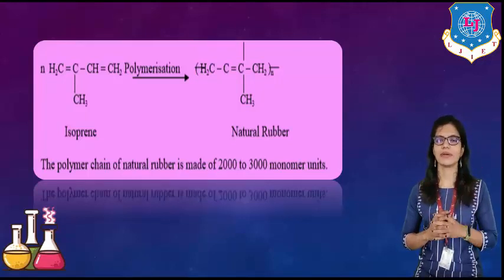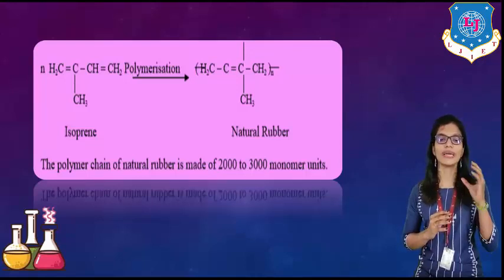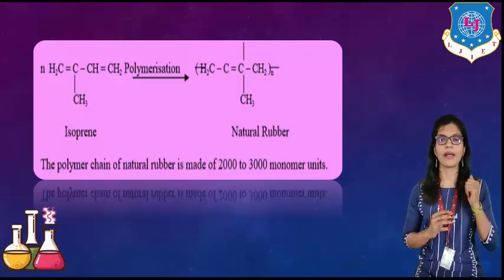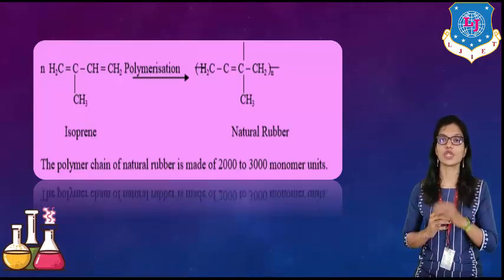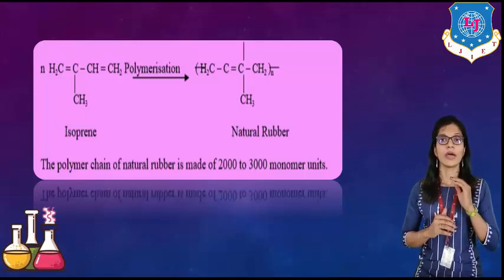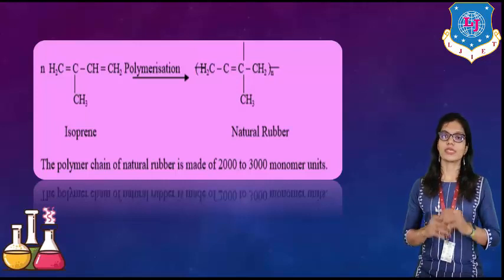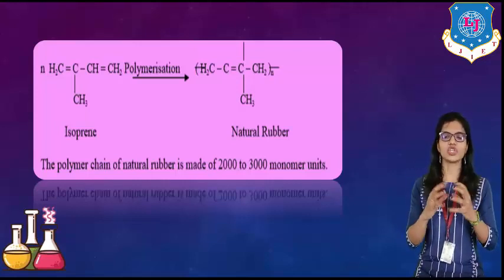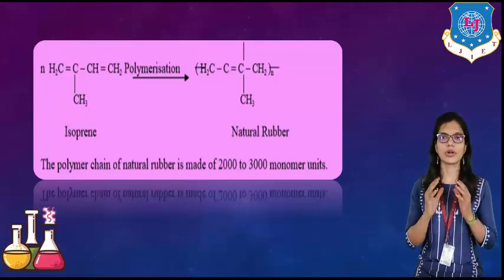As you can see in the image, n number of isoprene units, that is CH2 double bond C single bond CH. In the branch form it has CH3, and the above CH is double bonded with CH2. This is the structure of isoprene. Through the polymerization process, they combine with each other and form natural rubber.